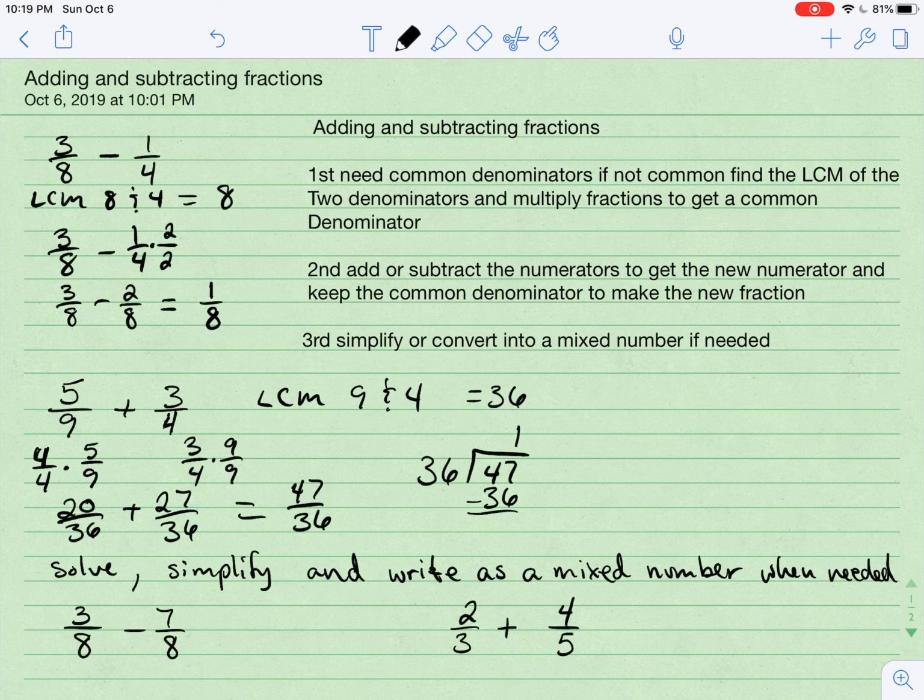So 47 minus 36 is going to give us a remainder of 11. So that's our new numerator, denominator, and then our whole number. So then this would equal 1 and 11/36. And 11/36 cannot be simplified, so we just leave it as the mixed number.